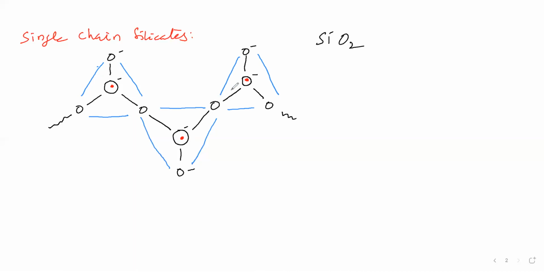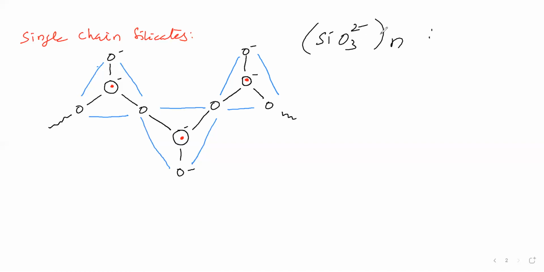Similarly, this O is shared with this SiO4 unit and the next one, giving half share. Therefore, totally we get 3 oxygens. This is -1 charge, here -1 charge, and the other two have no minus, so -2. It is SiO3 2 minus. This is the repeating unit in the single chain silicate, therefore n types. So for single chain silicates, the repeating unit is SiO3 2 minus.